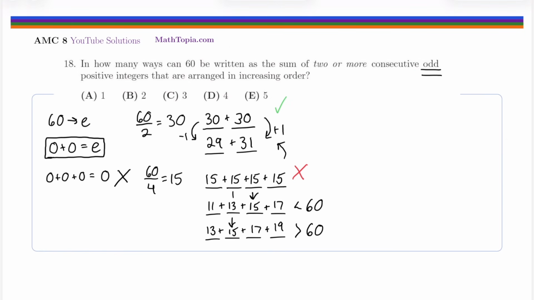Next, we can try creating a string of 6. 60 divided by 6 is 10, so we could use 10 as our base.